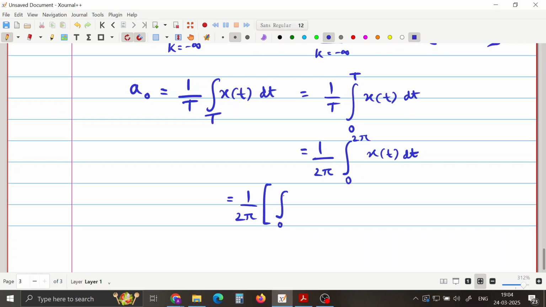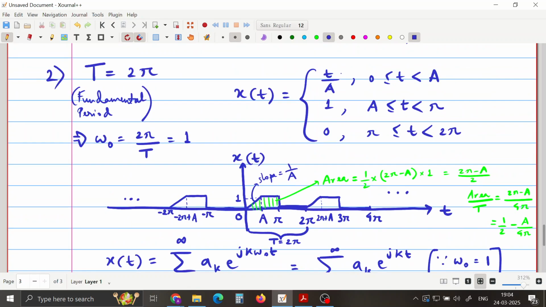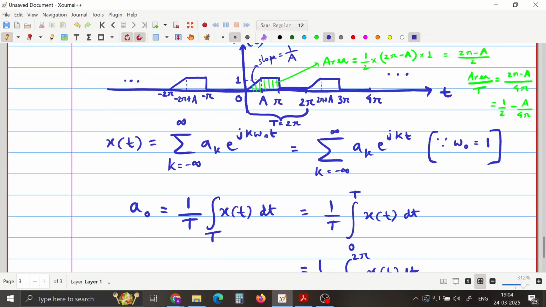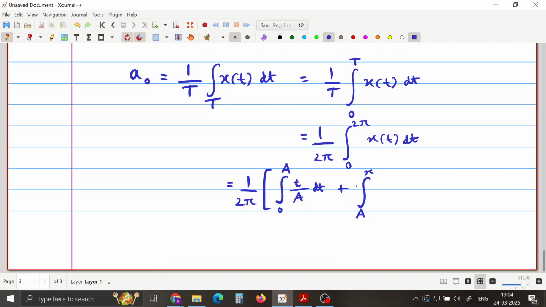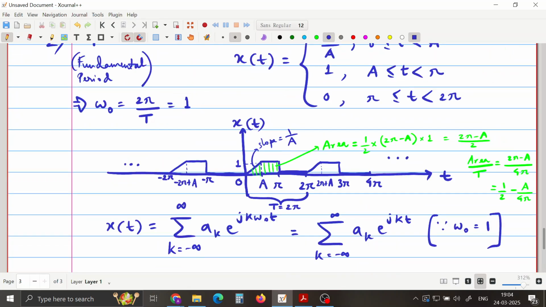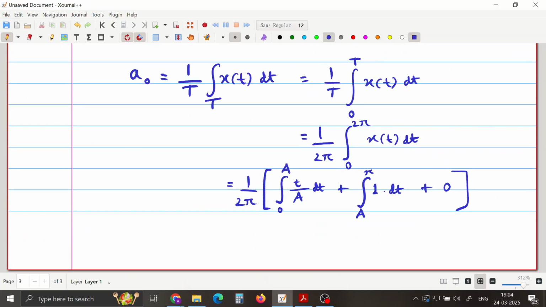One integral would be from 0 to capital A, and within this interval my function has the form small t by capital A. So small t by capital A dt, plus the second sub interval would be from capital A to pi, and in that interval the function is 1, plus actually it will be 0 for the third sub interval from pi to 2 pi, so it won't contribute to our summation.